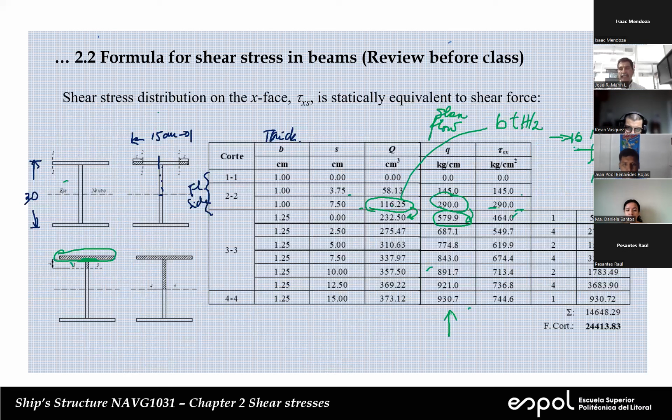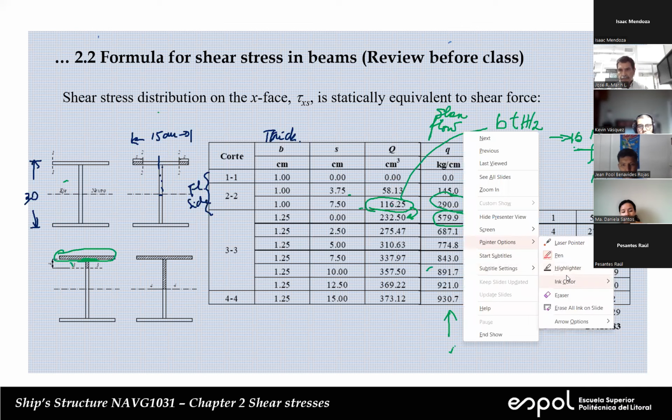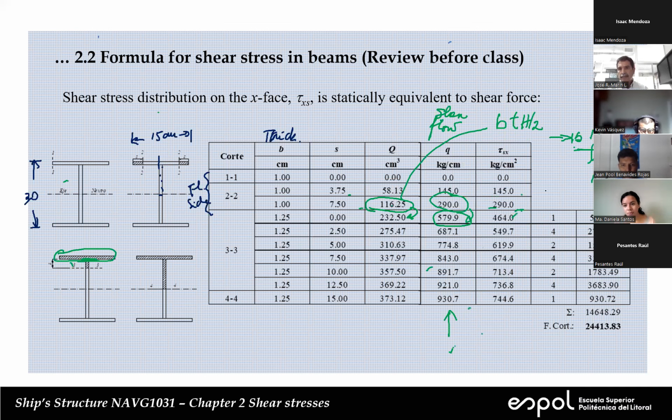Only in the vertical element, the web, we're using the first Simpson rule to integrate it. So here I have the Simpson factor. Then we multiply this stress by this, and this is what I obtain.